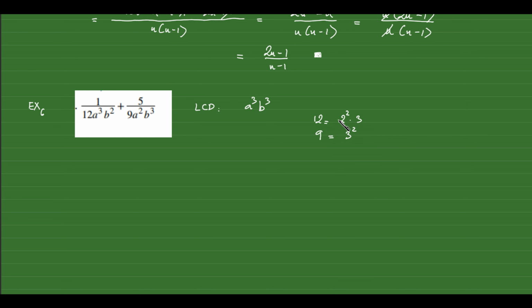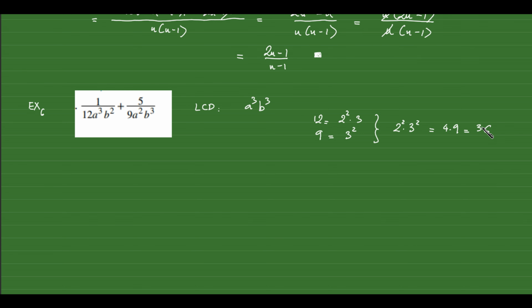Now if you look at the bases here, we have only 2 and 3. For 3, we take the higher exponent, so we take 3 squared. But for 2, we have only one option, so it will be 2 squared. Then we multiply them: 2 squared is 4, 3 squared is 9. So the LCD here, the least common multiple, will be 36.